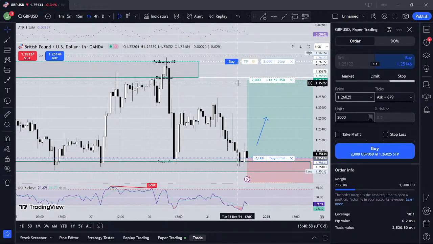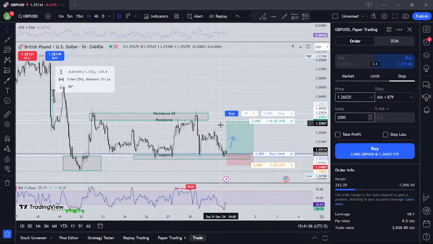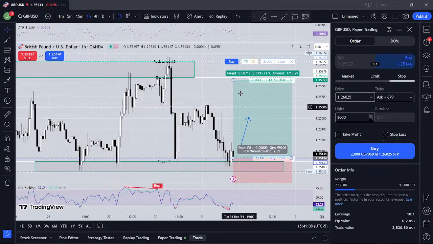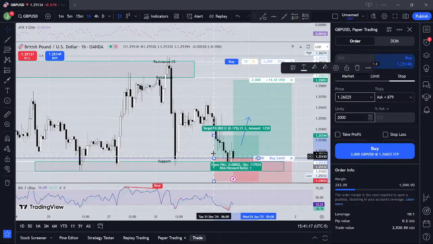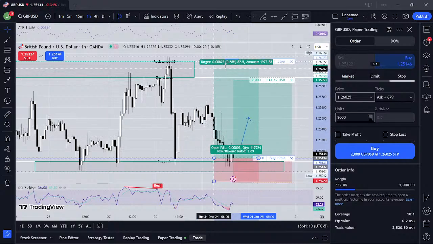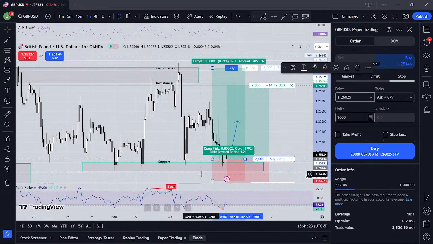I'm gonna place two targets. Let me see what I can run with. I'm gonna leave this to run through, but I'm gonna place another target at my resistance too. So I'm gonna get a long position over here, drag it all the way to my second target. Stop loss still on the same thing.